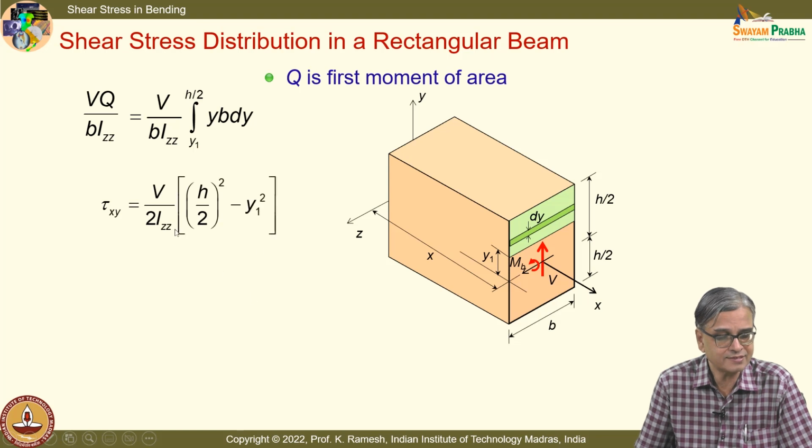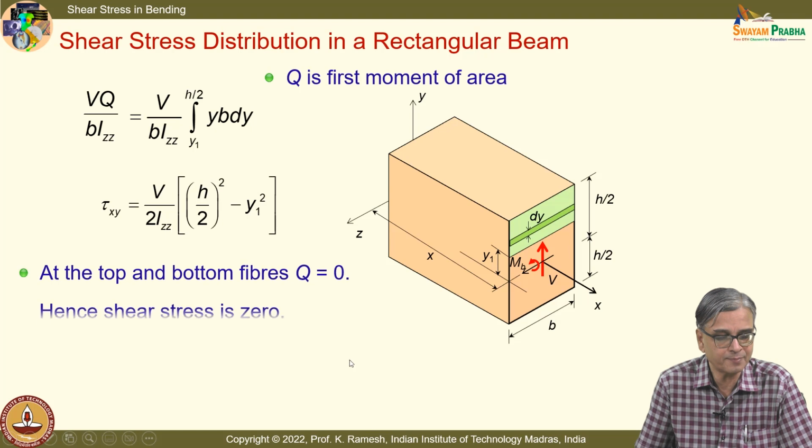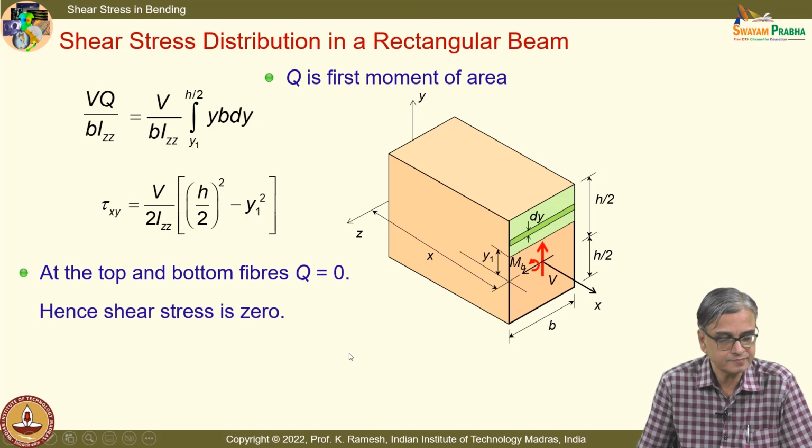So I have this as V by 2 Izz, tau xy is given as (h by 2) whole squared minus y1 squared, and I have to put the limits appropriately. I have gone from y1 to h by 2. At the top and bottom fibers Q equals 0, so the shear stress is 0.